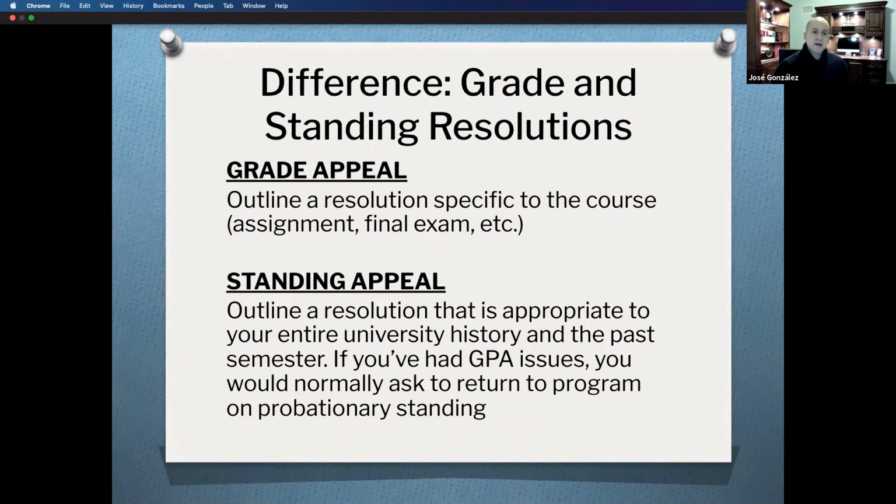Keep in mind that when you submit your appeals, you can do multiple grade appeals. If you have issues with your standing, you can file one standing appeal and then either one or multiple grade appeals. So that's the case. So yeah, pretty much that's it.